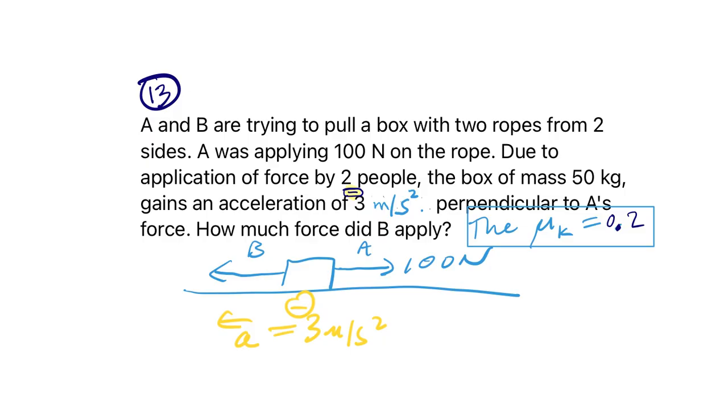I am assuming that the box was at rest, and since it starts accelerating in the negative direction, the box is going to be moving to the left. The acceleration to the left is picking up speed, so we can tell that the friction will be pointing to the right.